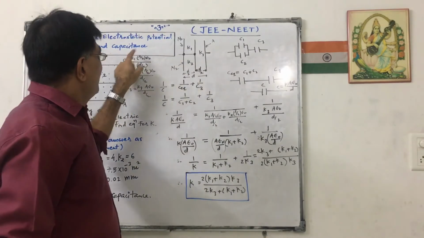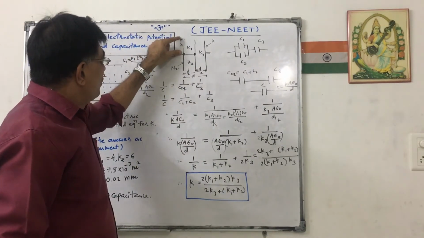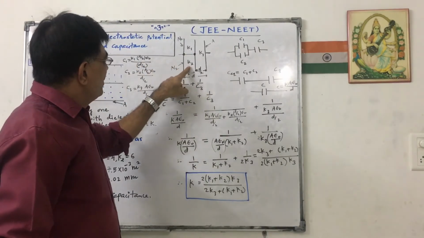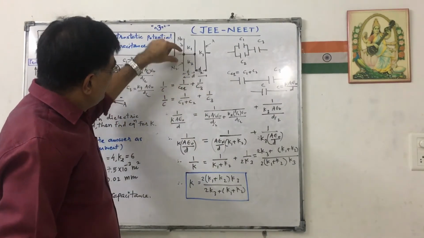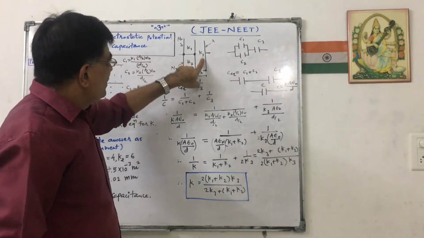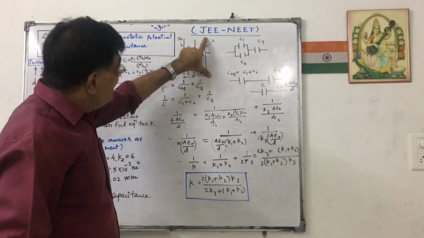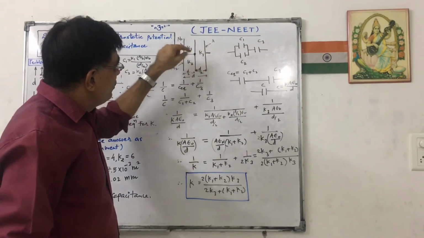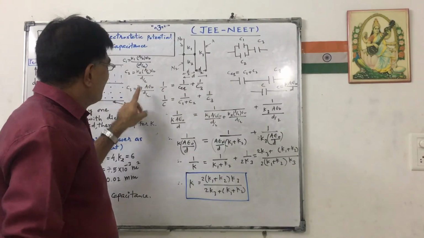It is K1 into A by 2 epsilon naught upon D by 2. C2 is again K2 into A by 2 epsilon naught upon D by 2. C3 is K3 into A epsilon naught upon D by 2, because it has the total area.